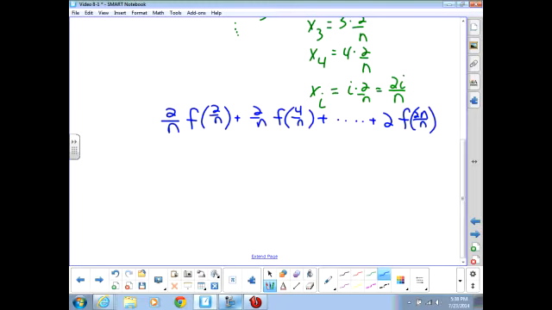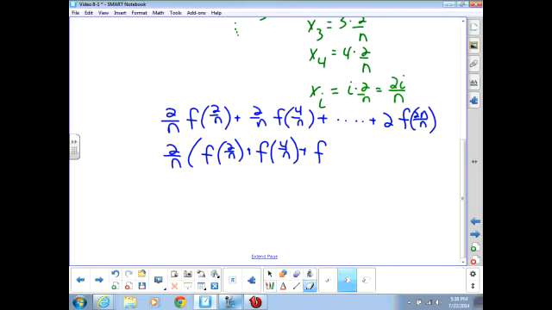Let's see if we can neaten this up. We'll pull out our 2 over n, so we'll just have f of 2 over n plus f of 4 over n plus dot, dot, dot, f of 2n over n.